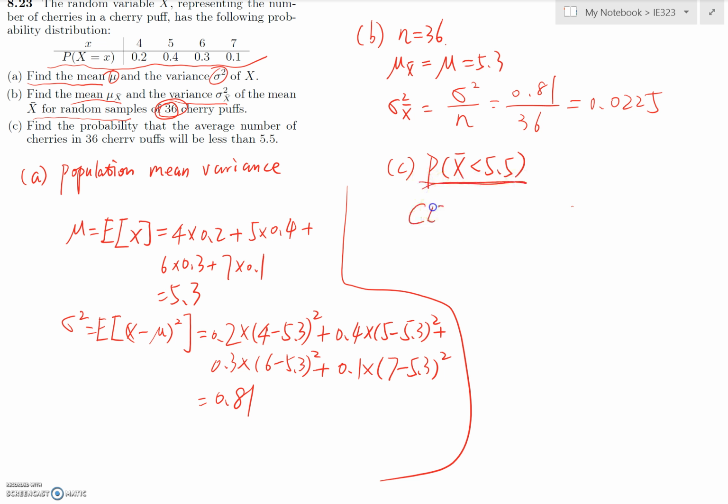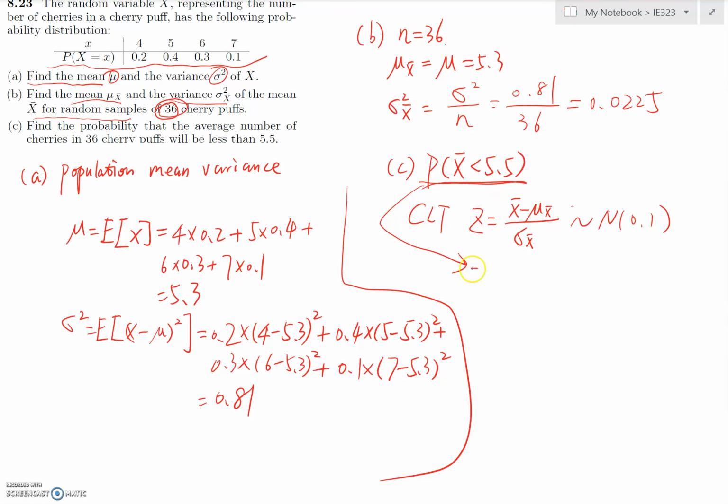And from CLT, we can know z equals x bar minus mu x bar divided by sigma x bar, following the standard normal distribution of 0, 1.